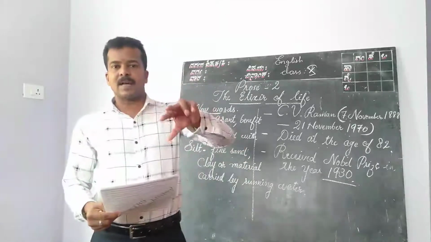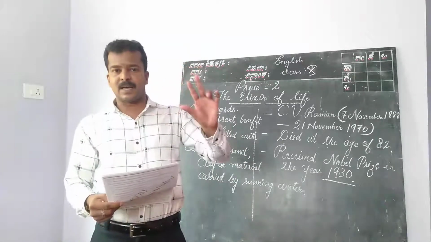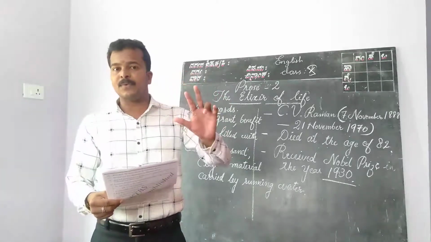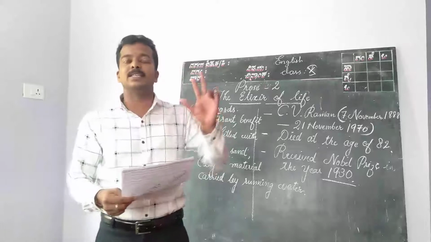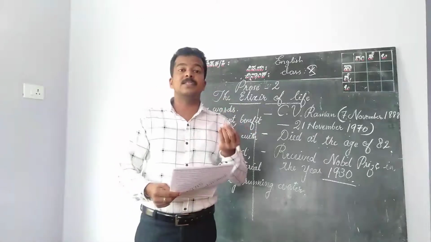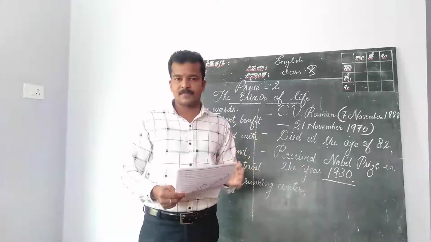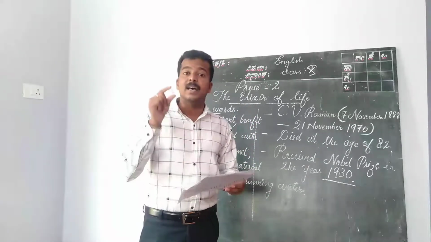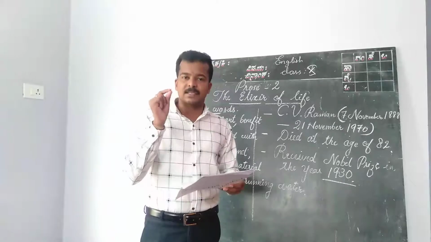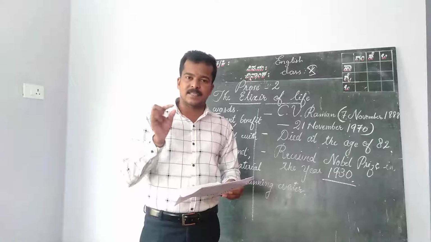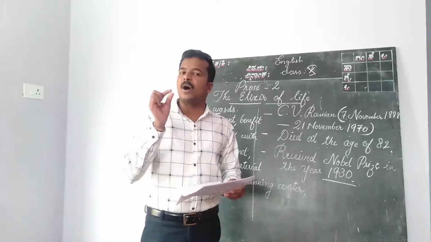According to C.V. Raman, the divine Amrita, which gives us immortality, was just a belief, just an imaginary elixir of life. Then what will be the real or the true elixir of life? C.V. Raman says plain water is the true elixir of life.